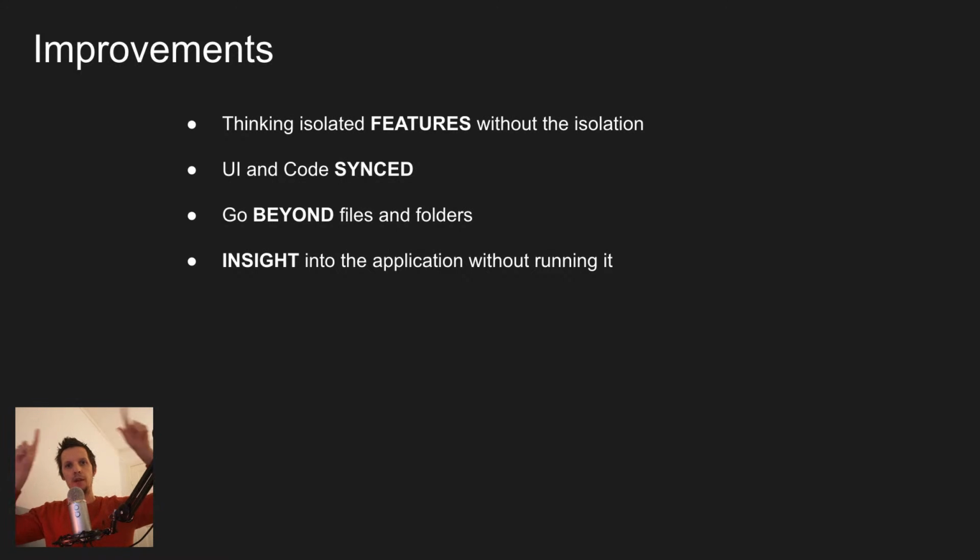They have these squares, and within each square you have the dependencies and you see how big they are. So you instantly see if you have some dependency that seems a bit off. And that's what I'm talking about here: having some insight into the application without actually having to run it. With Cerebral and Overmind, the dev tools are really amazing, but you have to run the application. And even then, you only get insight into whatever is running, whatever you interact with. It would be nice to get a general insight into the application.